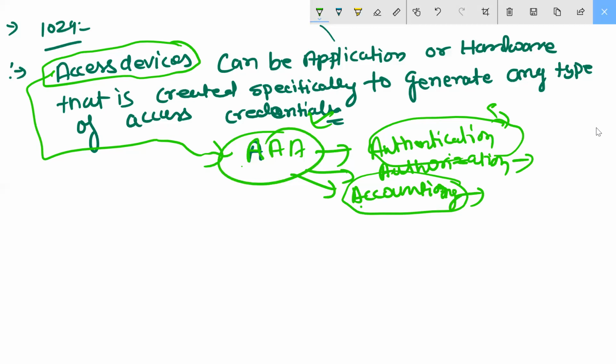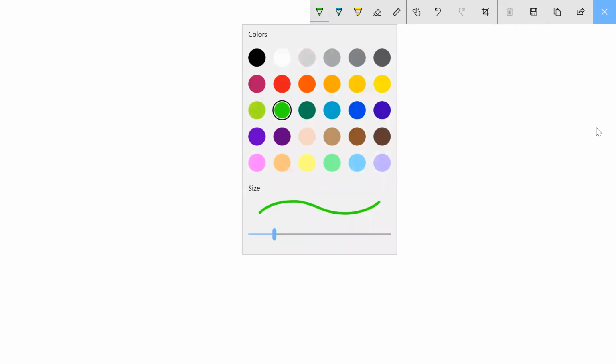We are coming to the 1030 access. Let me come to the 1030. What is here in 1030? That is telling you fraud and related activity with computers.